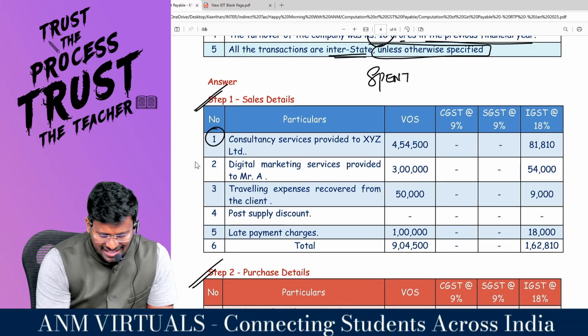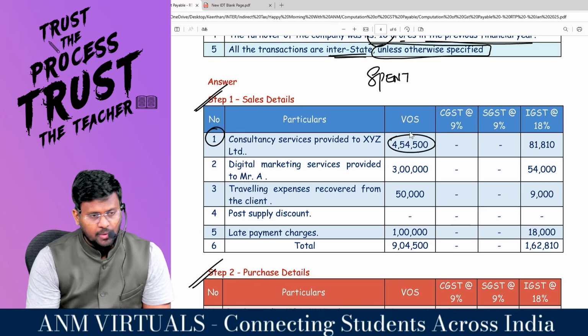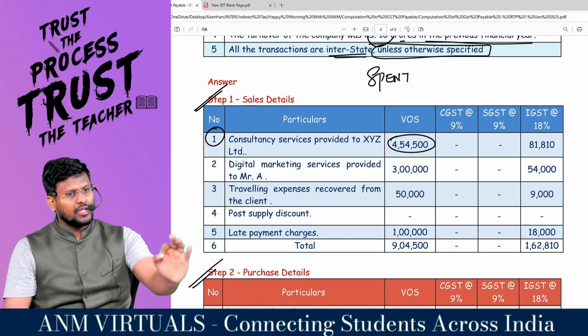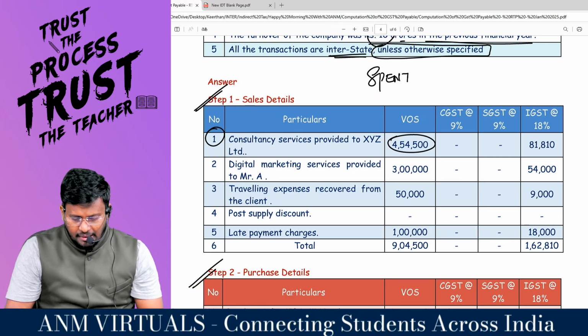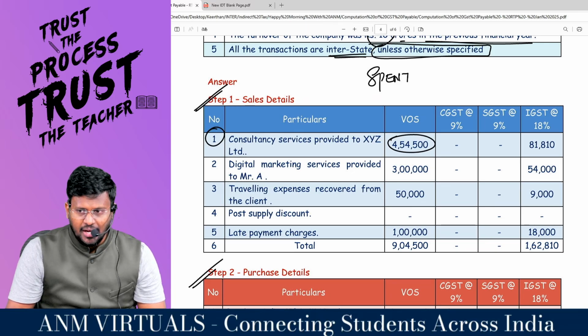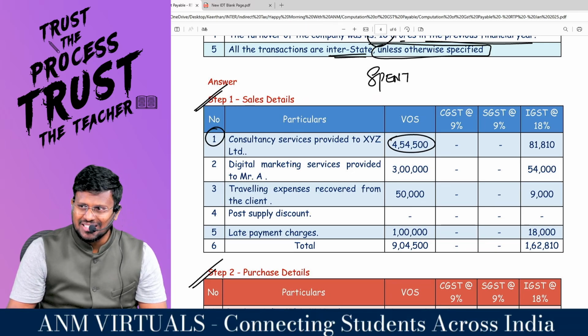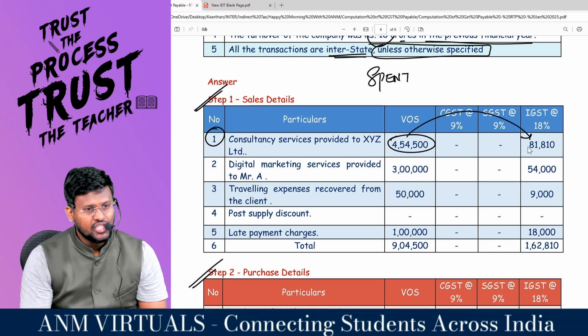Number one, consultancy services provided to XYZ Limited. Sir, the total value of supply will be 4,54,500, because 4,50,000 rupees is the pure value of supply and 4,500 has been charged as taxes other than GST. On that, since it is an interstate supply, IGST has to be collected.